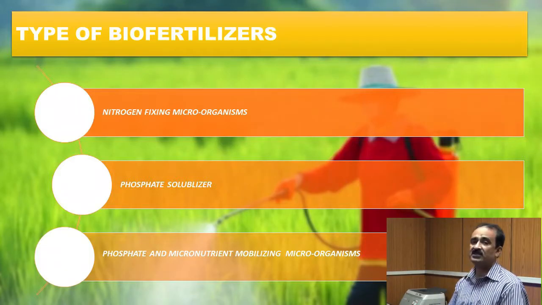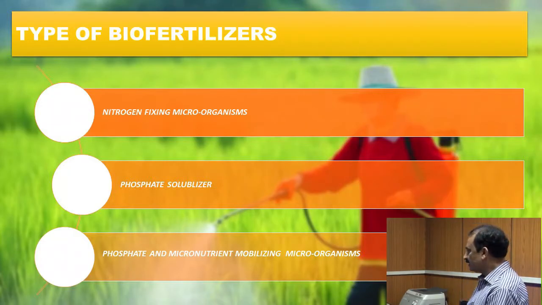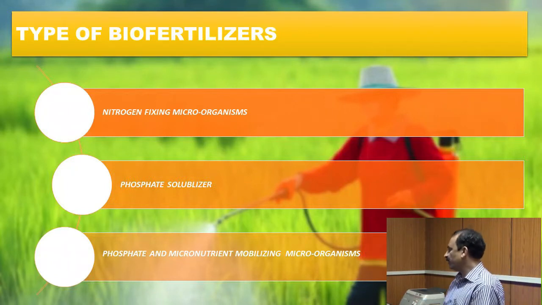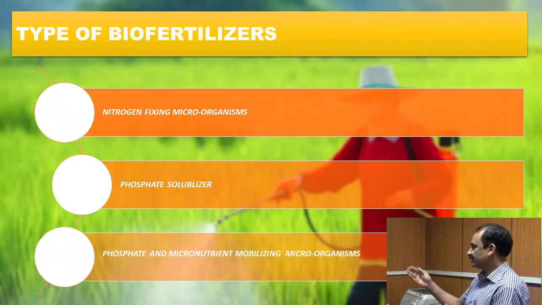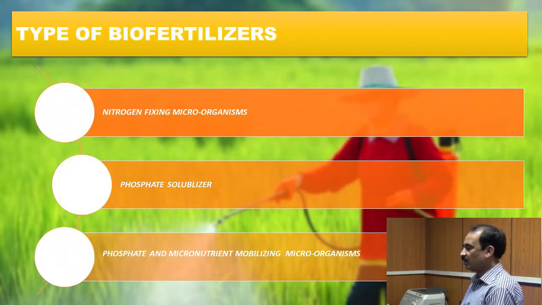The second is phosphate solubilizers: some bacteria have the capacity to solubilize phosphorus fixed in the form of calcium in the soil. The third is phosphate and micronutrient mobilizing microorganisms. These three types of microbes are very beneficial for crop production, and also increase soil fertility and give sustainable production of agricultural crops.